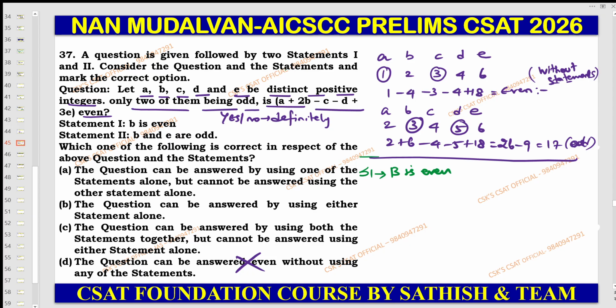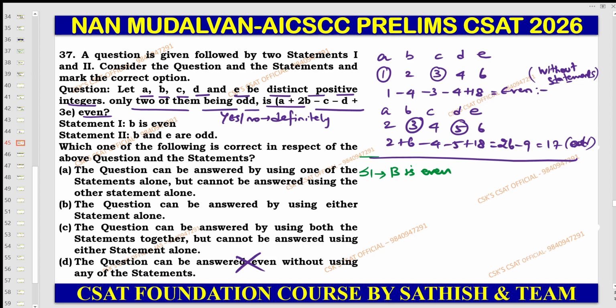Many students raised a query: sir, why is B even, sir? Here it is not provided as 2B, sir. That is no problem, sir. Check the statement, because here it is clearly mentioned that two of them are odd. Suppose the statement B is even was not provided, then E could be odd.